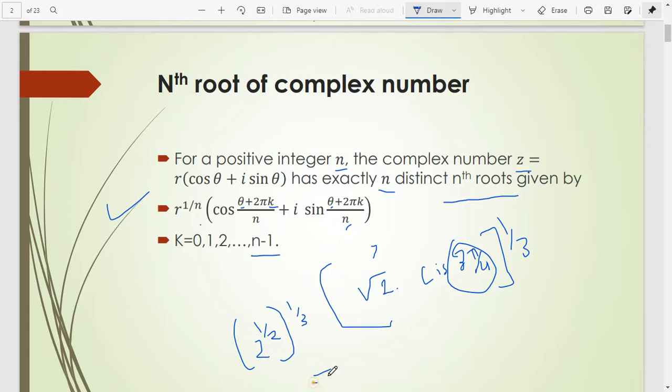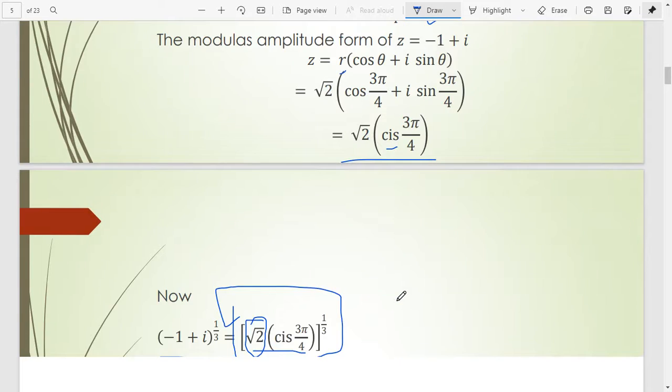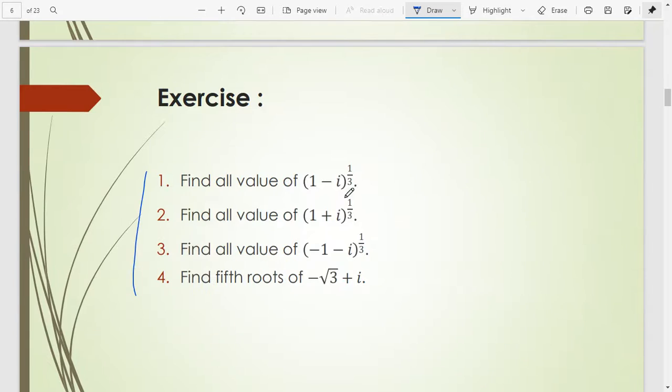So this is equal to 2 raised to 1 by 6, and cis (theta, 3 pi by 4 plus 2 pi k) upon 3. Simplifying this we get the value of this, and we can also use this formula to find this value.